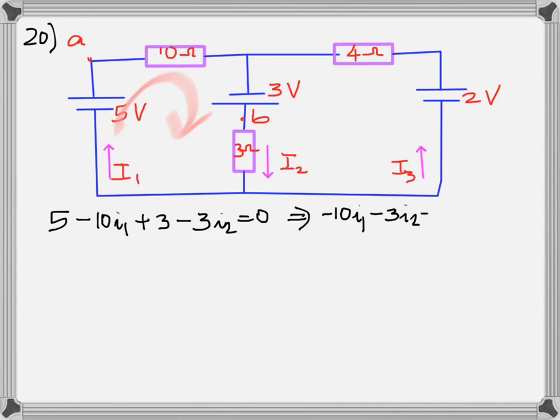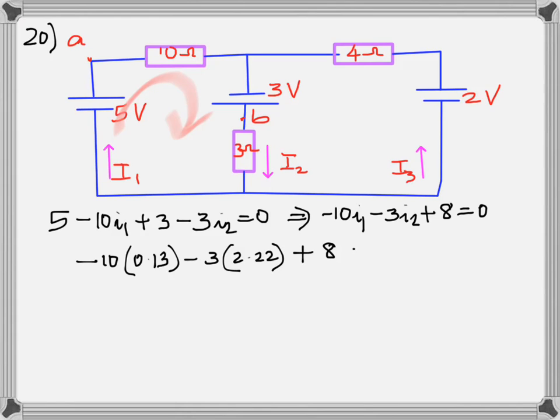Okay, and I plugged in the numbers that they gave for I1 and I2. I1 as 0.13, isn't it? And I2 as 2.22, plus 8, and sure enough, it comes to 0. Is that fine?